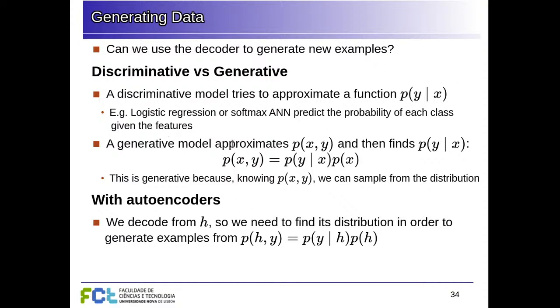A generative model, as we saw in machine learning, is different because instead of computing the conditional probability of the output based on the input, it computes the joint probability of both.